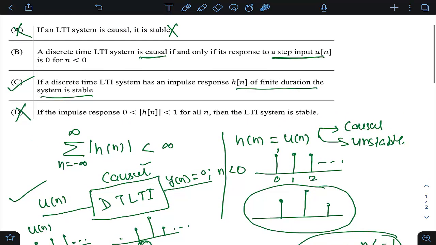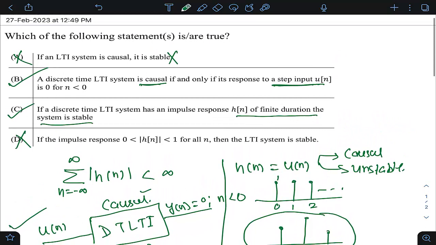So definitely this statement is true, isn't it? So that's all. So answers are B and C for this one.